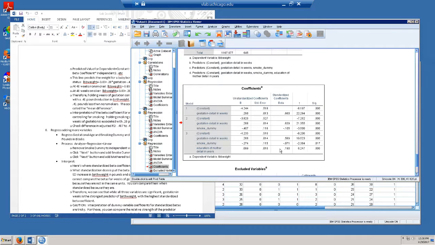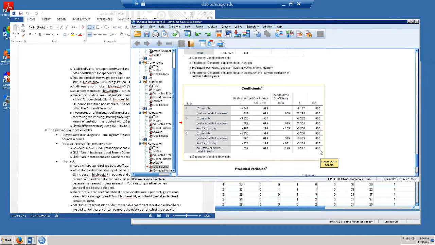And we see that our coefficient for mother's education in years is 0.09. Each of these, if you look at the significance in the far right column, is a significant predictor.